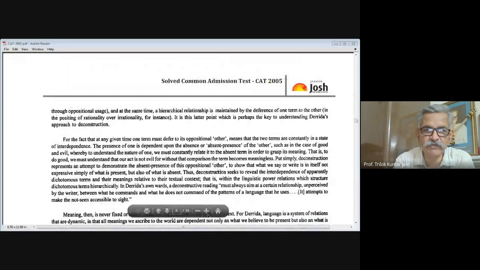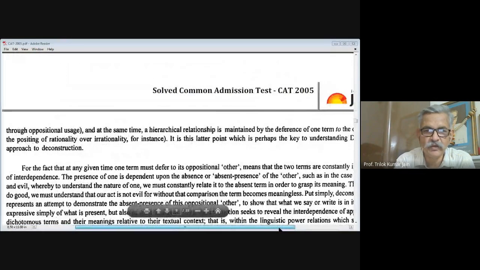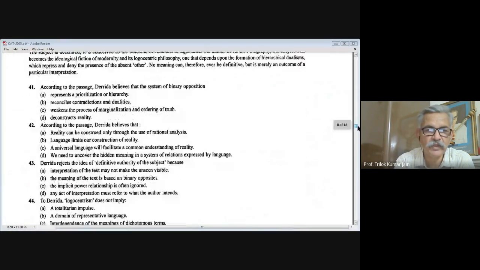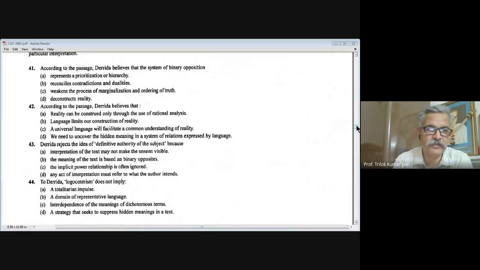So first we will look at the questions. These are very difficult passages. Read them very carefully. Not difficult, but the only thing is if you don't have full concentration, you're not able to catch the answers. Look at the 4 questions.